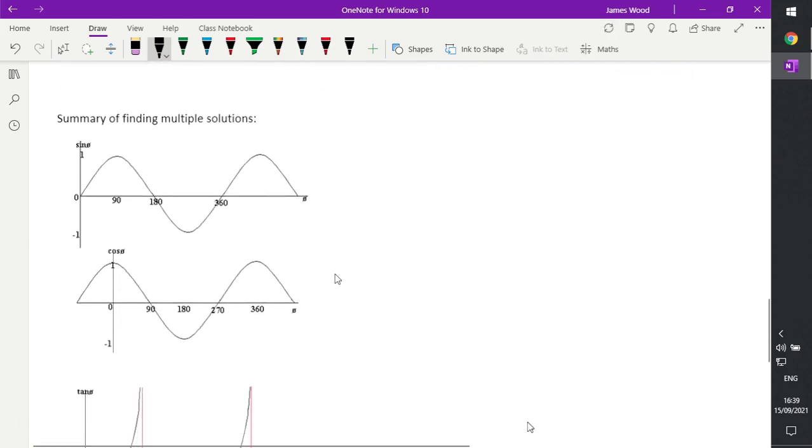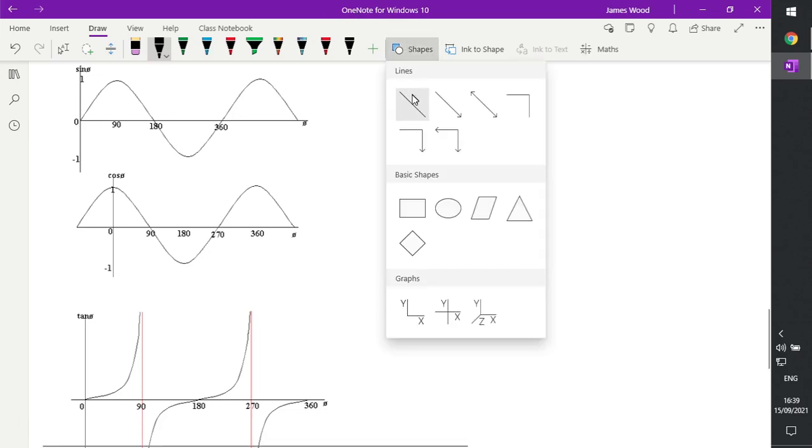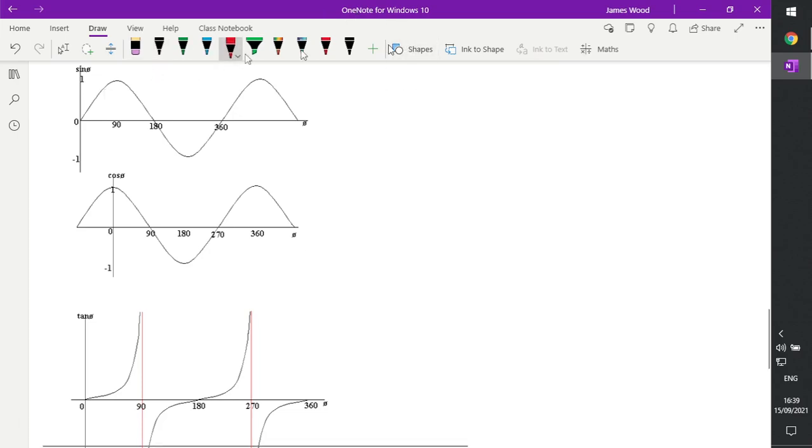So let's just summarize what we found. I'm going to just draw on some examples. Maybe I'll just put on about 1/2. So if I just put on a line at y equals 1/2, so perhaps we're solving each of these equals 1/2.